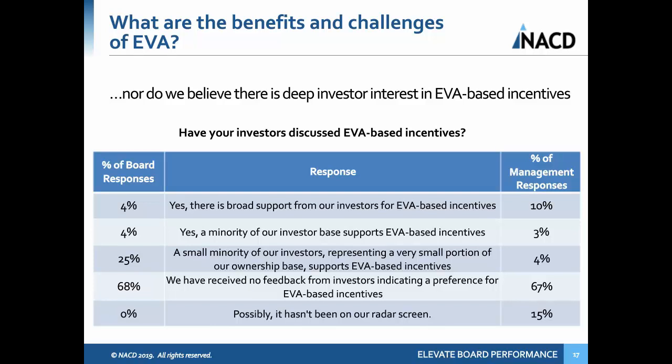There are a lot of discussions occurring, whether it's with investors or with service providers or outside consultants, that management is having, that just doesn't necessarily register with the board, and so management may hear much more about EVA than directors will, and so that's why I think you tend to see a much more notable difference in the way that management has responded to some of these questions.